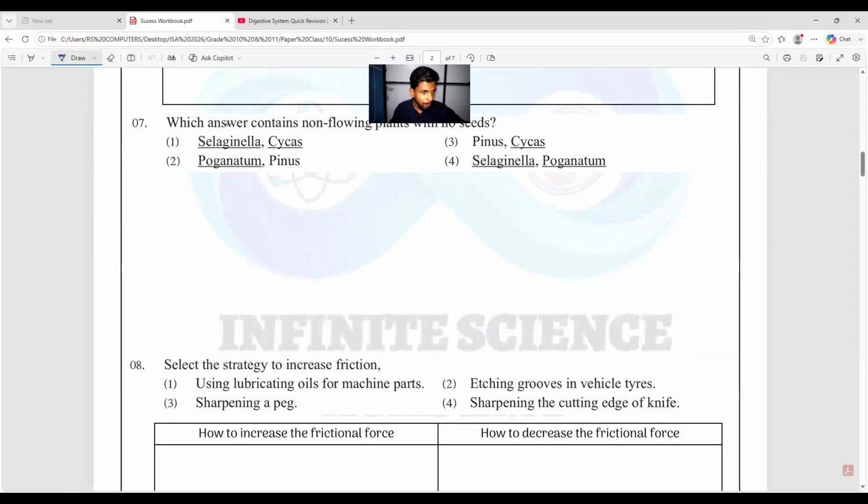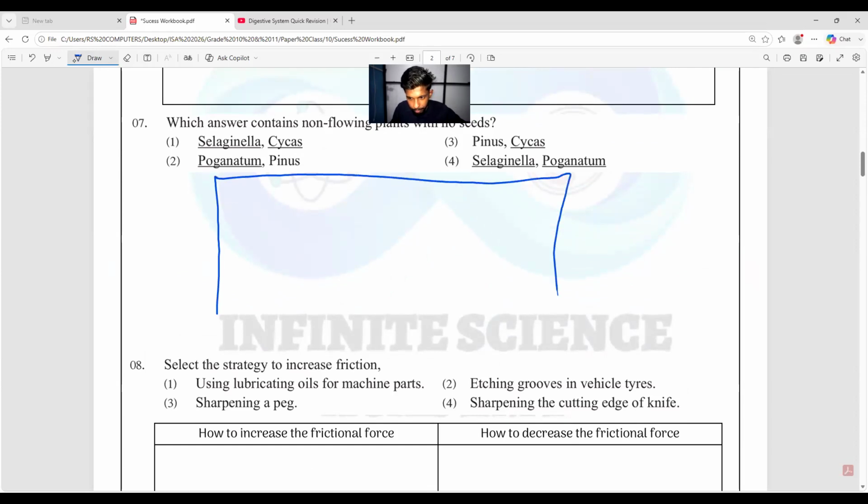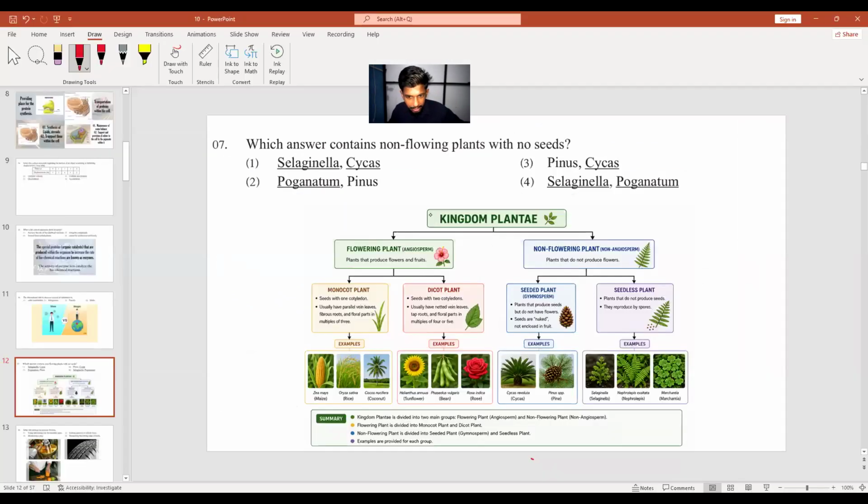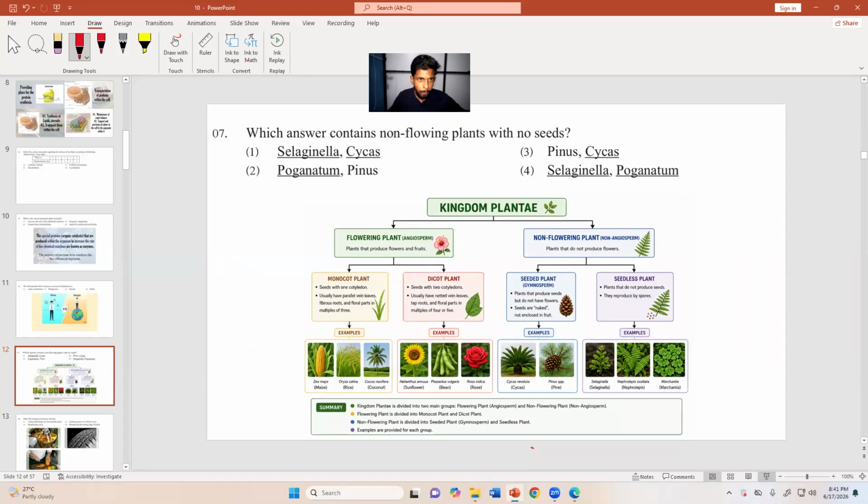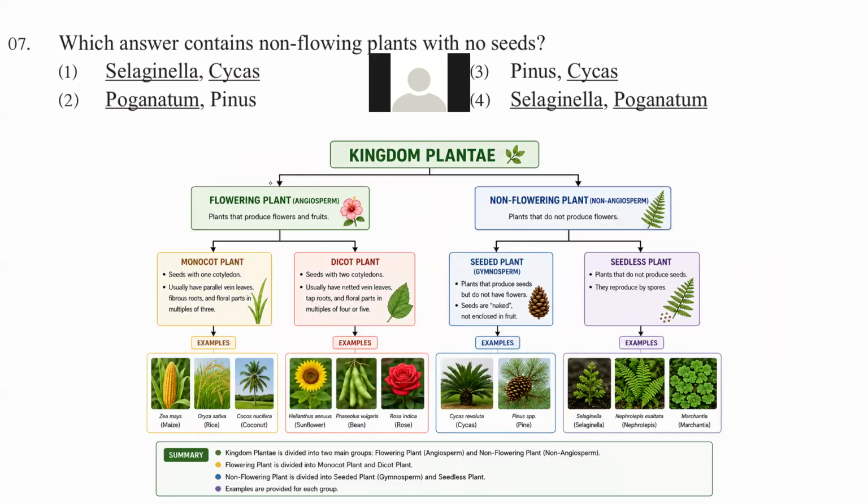So within this space, take note of that picture here. Kingdom Plantae can be divided into two: flowering, non-flowering. You can copy this picture. There's no need to write the text and all. Just mention Kingdom Plantae, flowering plant, non-flowering plant, and seeded plant.